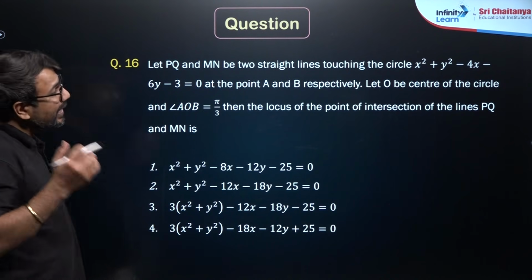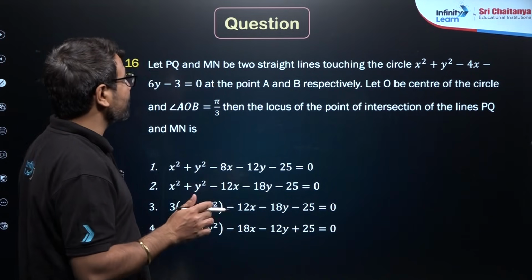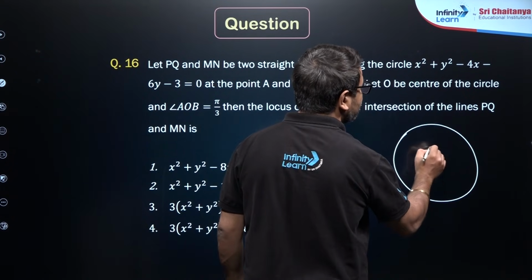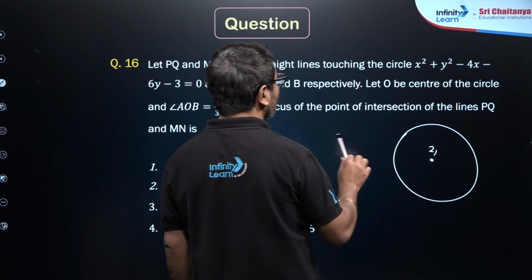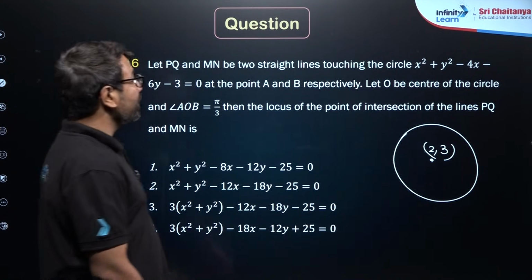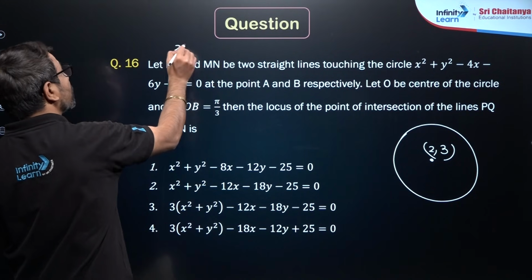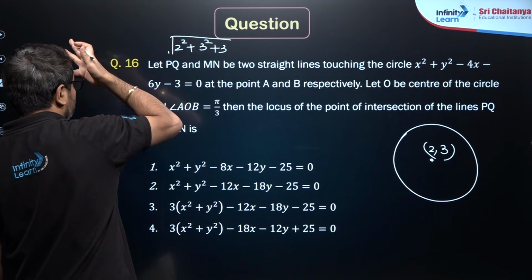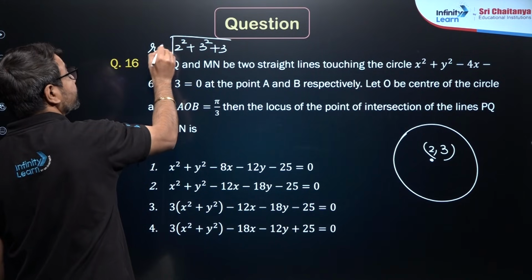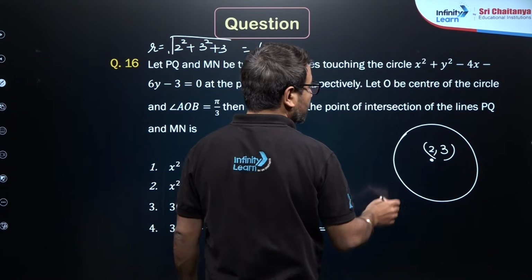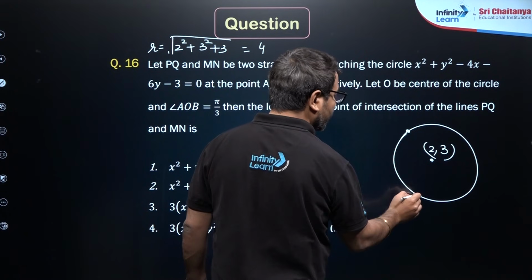Next, PQ and MN are two straight lines touching the circle. They have given a circle which has its center at (2, 3). Did you understand? And the radius will be the square root of 2 square plus 3 square plus 3. I think this is getting 16, so our value is 4. Over here there are 2 points.